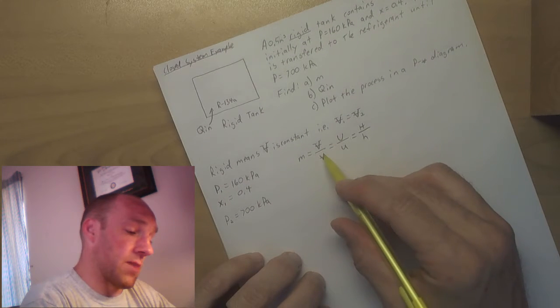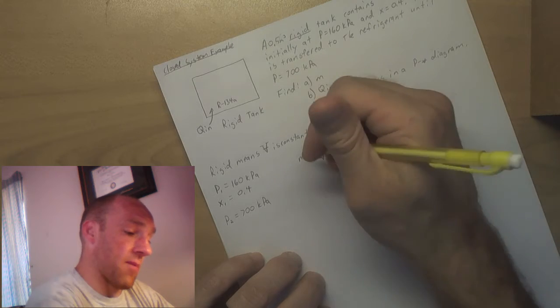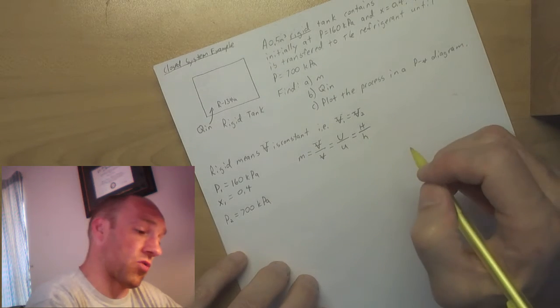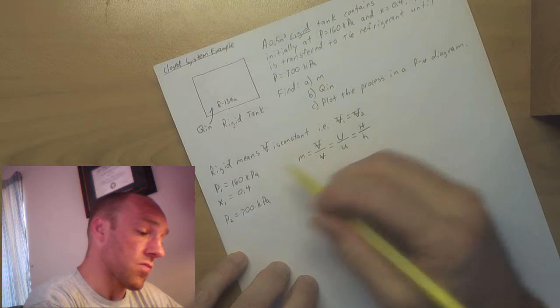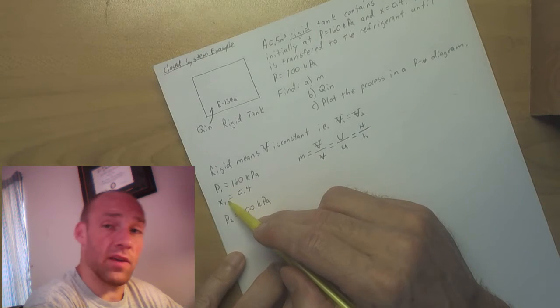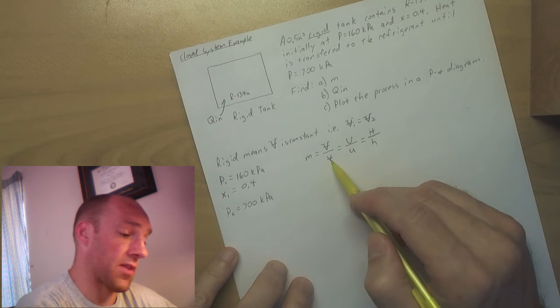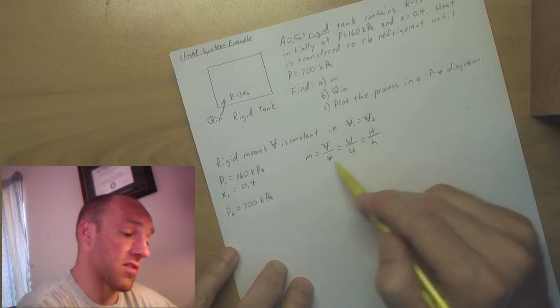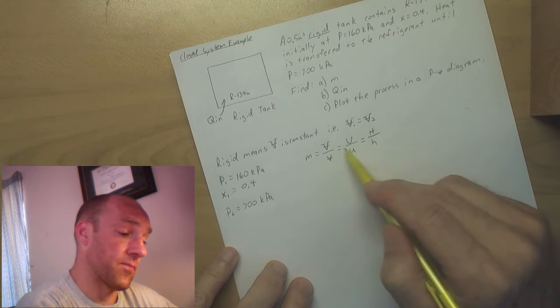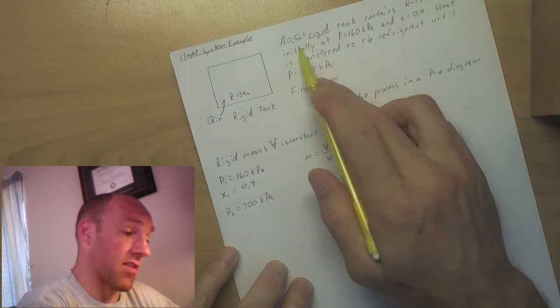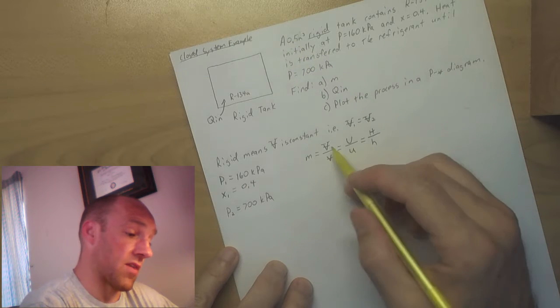So we can calculate the mass, let's say for the initial state. I have two independent intensive properties for the initial state, so I'm confident that I'll be able to calculate all of these values. But I have direct access to the total volume, which is given in the problem statement.